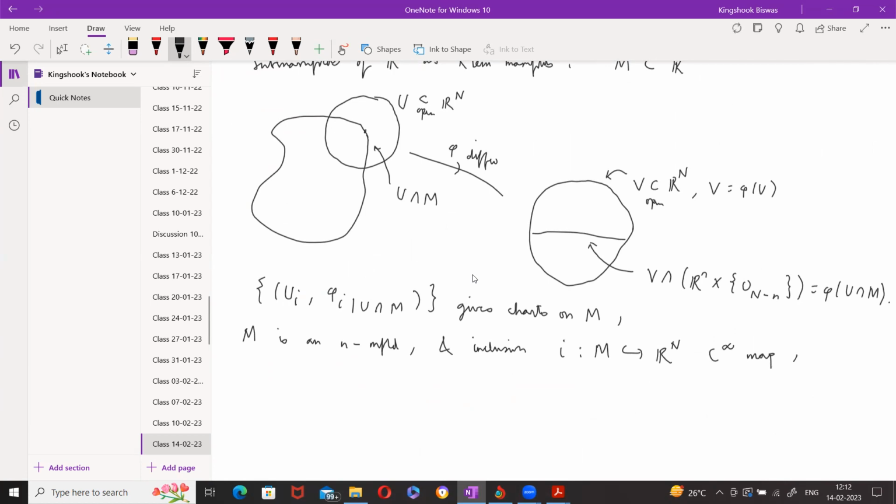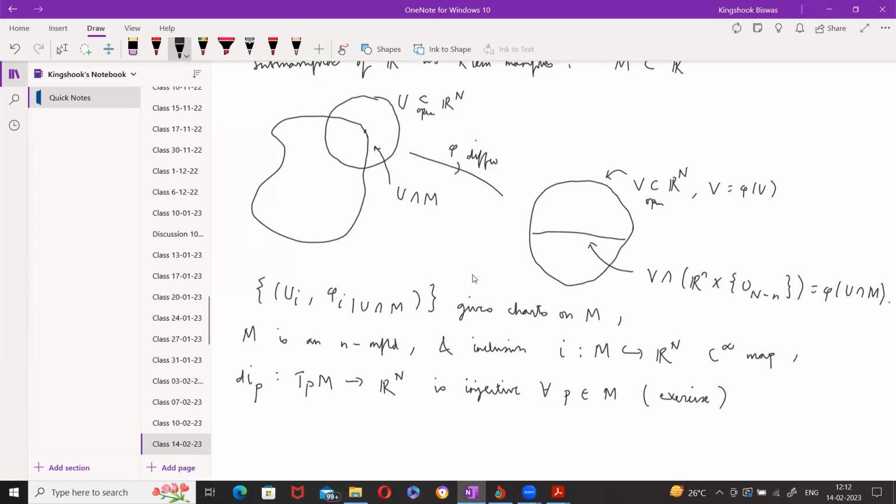And the derivative of this inclusion map, which goes from T_pM to R capital N, you can show is injective for all p in M. This is explained in the notes, but I leave it to you as an exercise if you want to try.